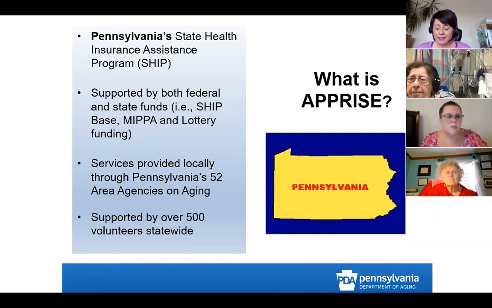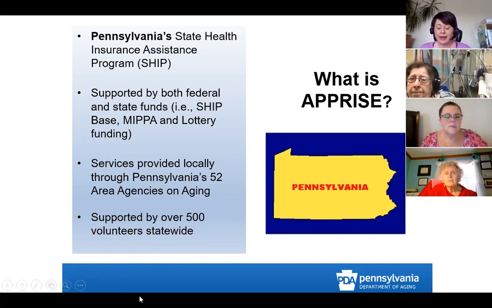And I often get asked many, many times, what does APPRISE stand for? Because we do write it in all capital letters when we refer to our program. So oftentimes people think it is an acronym, but it's actually just the word APPRISE, which means to keep people informed. Now, our program is largely federally funded, but we also receive some funding from the Pennsylvania Lottery as well.